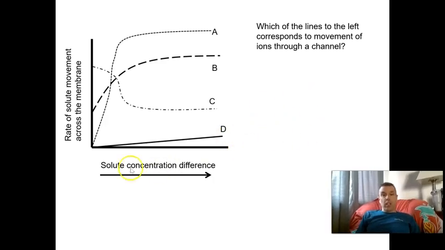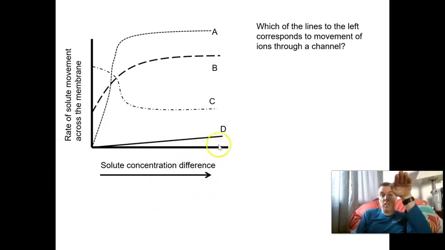All right, so let's take a quick look at this here. When you have a bigger difference, higher to lower, things are going to naturally move faster. And if you open a channel, we already know the channel's fast, but think about it. If I have a lake, a dam blocking the lake, and that lake is very high compared to the river underneath, that's a high concentration difference. That would be somewhere over here on our graph.